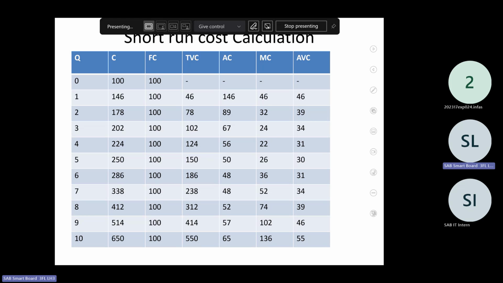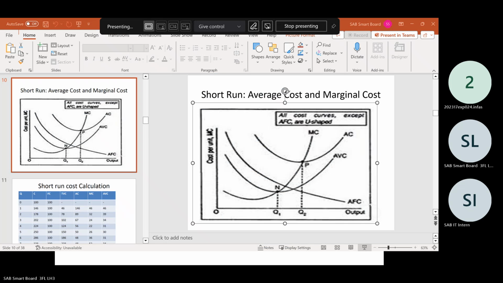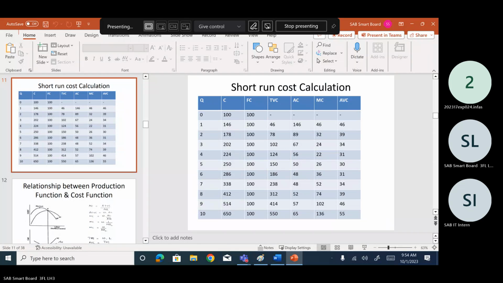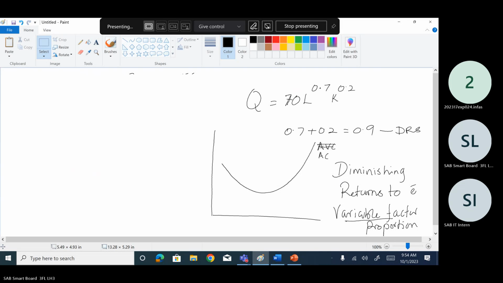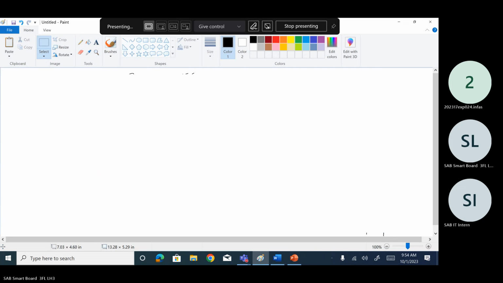So now this is the total cost, you know that.